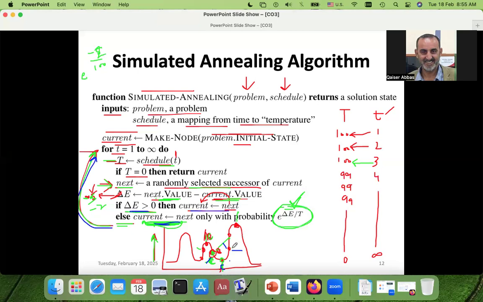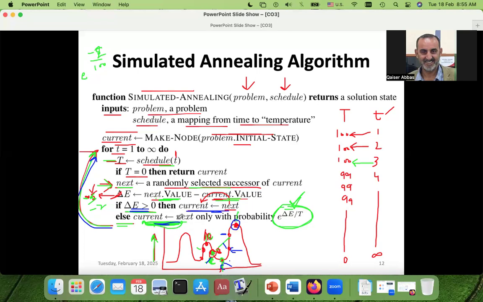Similarly, when this will be your current, then this is the neighbor and this is the neighbor, and this point has the higher value, so you will select that, it would be positive, and you will execute this statement. And similarly, finally, you will reach here.